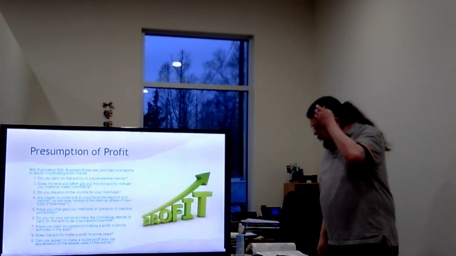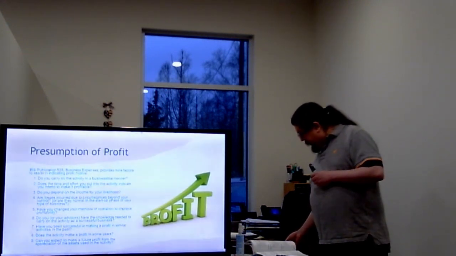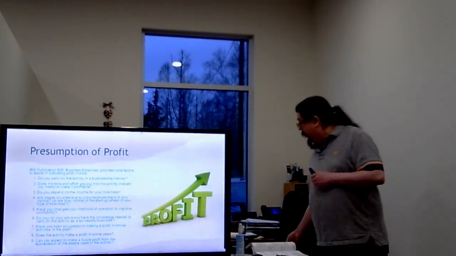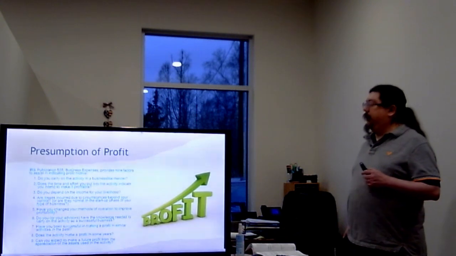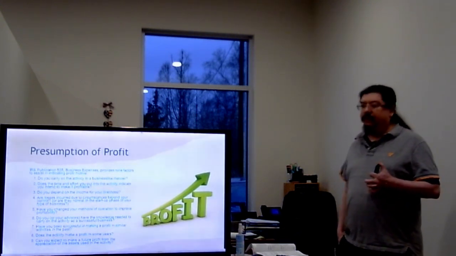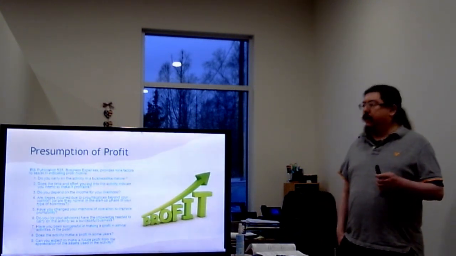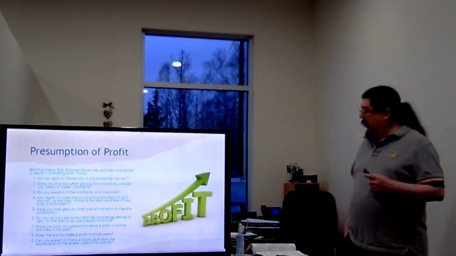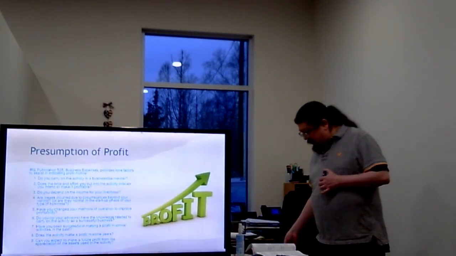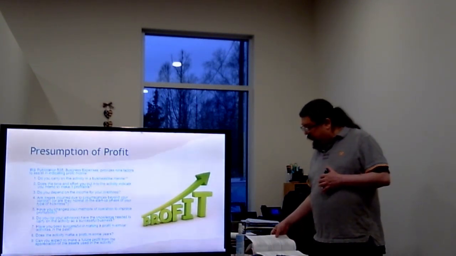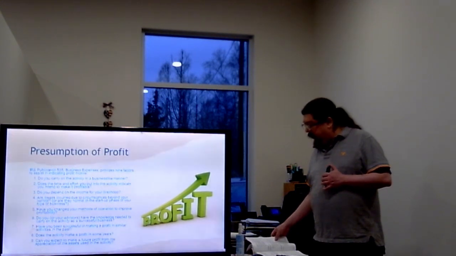Okay, so these notes on page 381 come from IRS publication 535. They also came from the website that I showed you on Wednesday. These are not exactly created by the IRS.